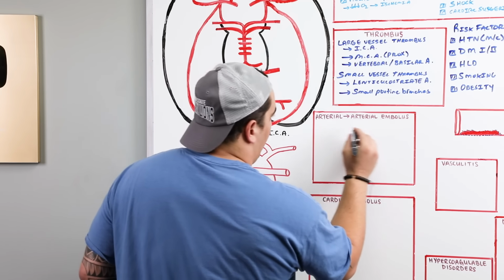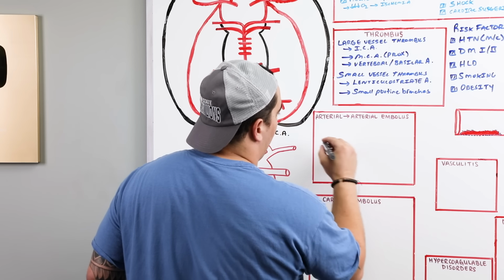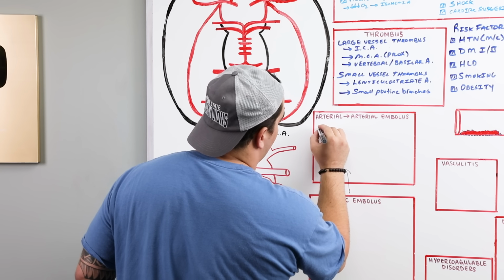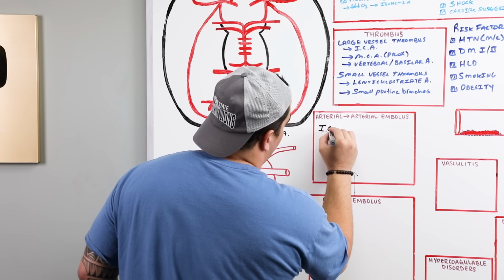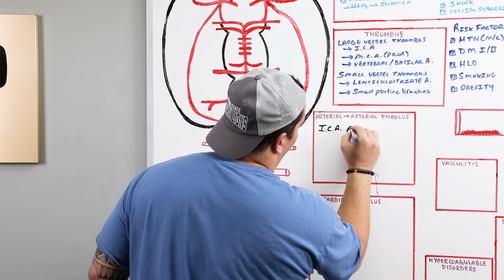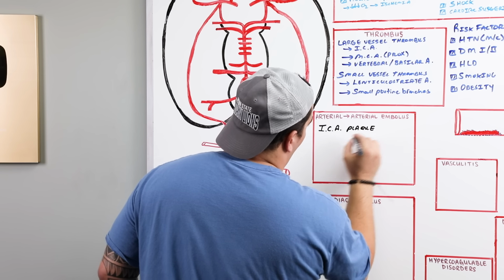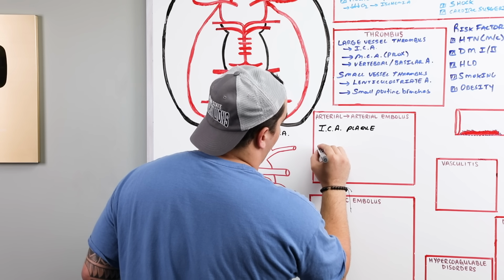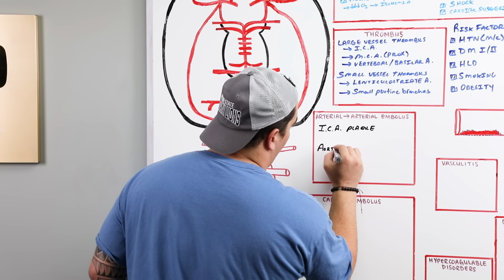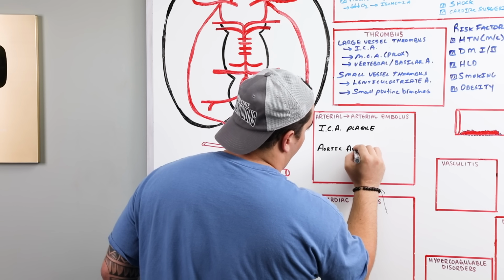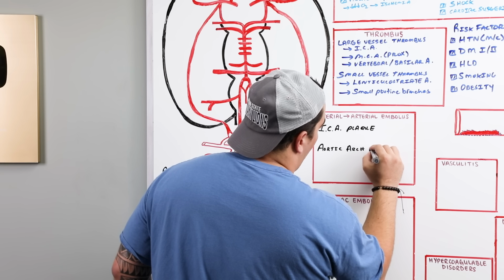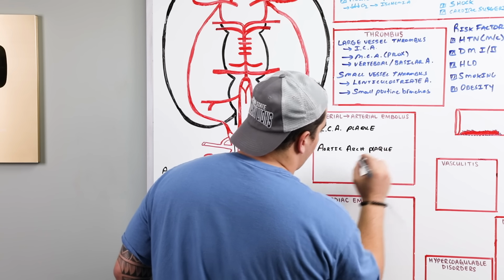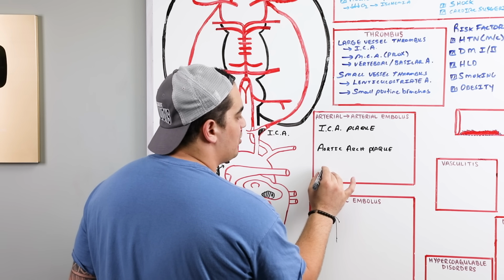So, arterial to arterial emboli, they're not as common, but this could be due to an ICA plaque, or less common, it could be due to an aortic arch plaque. And all that happens with these is that you have the plaque on that vessel wall.